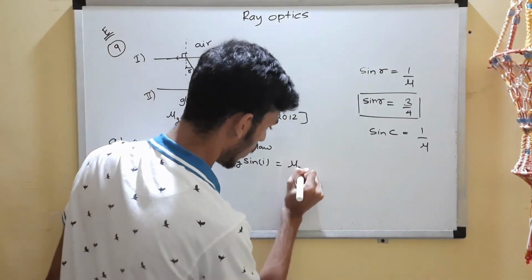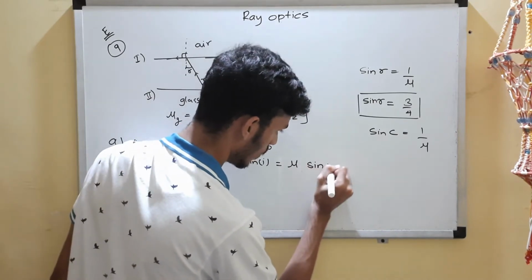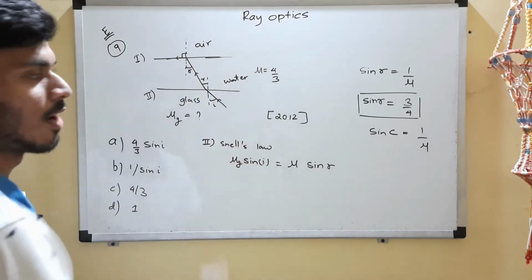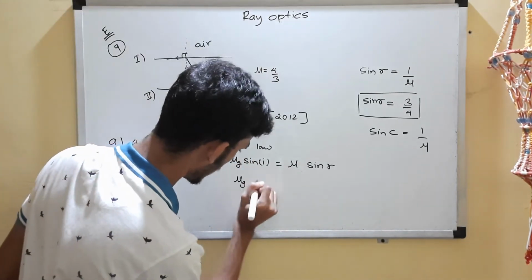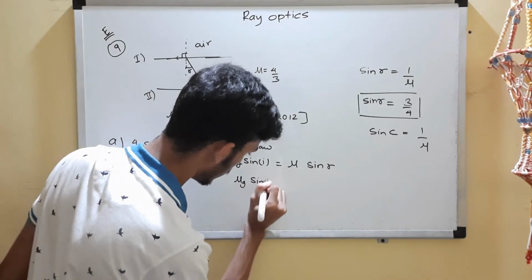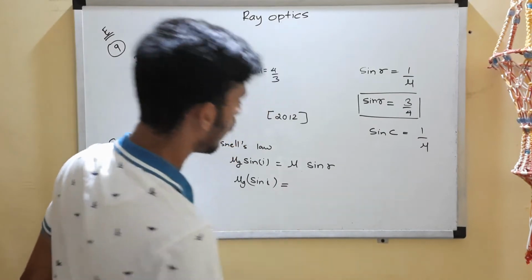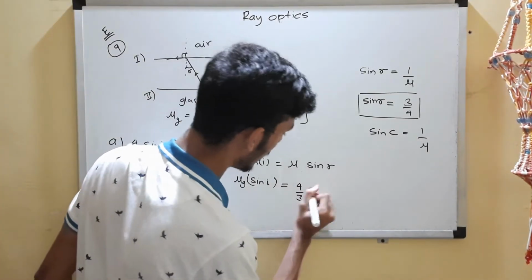So mu of water into sine of r. Mu of glass is something which we want to find, sine I is something which we don't know, and we want the answer in terms of sine I. Mu of water is 4 by 3, sine of r is 3 by 4.